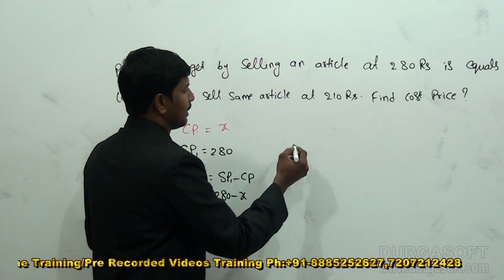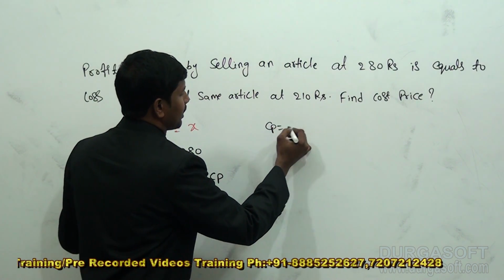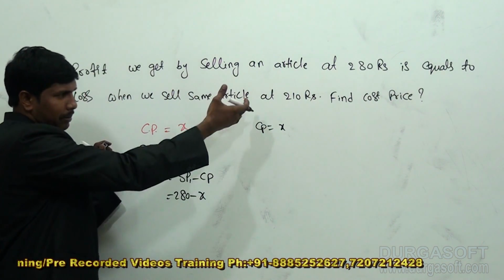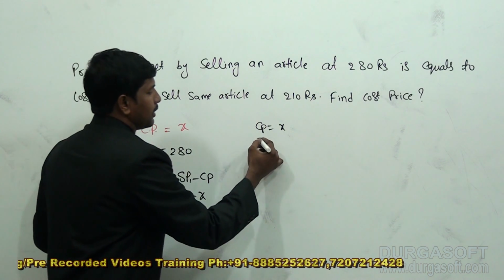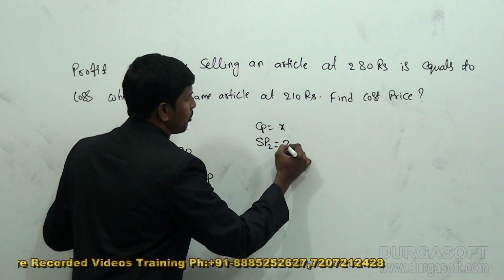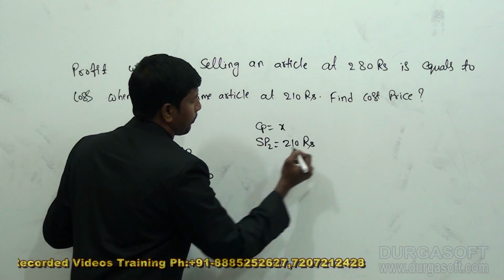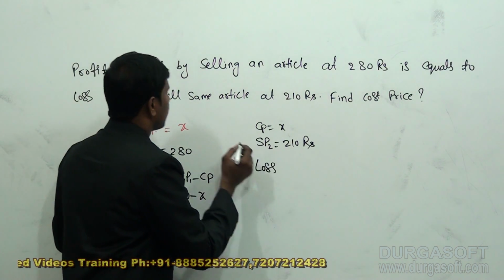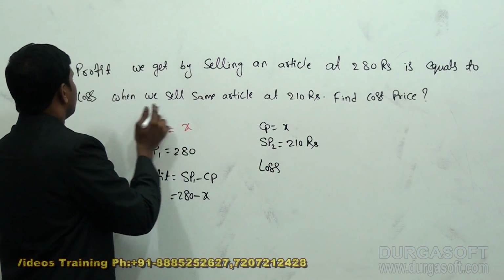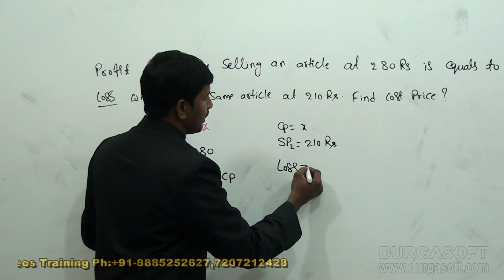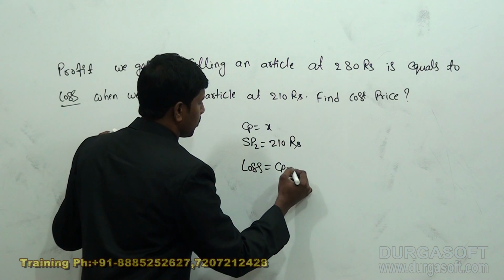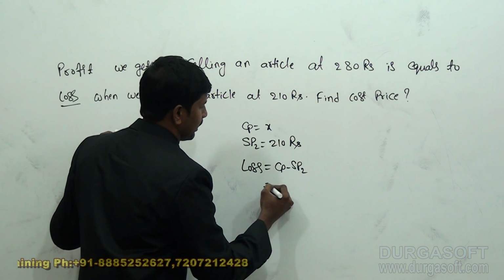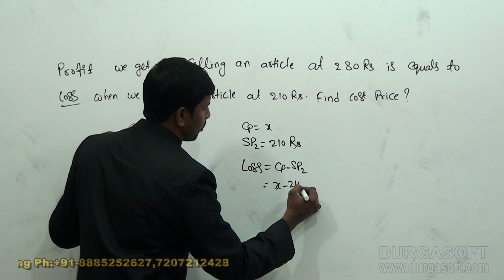In the second case, the cost price, again let us take the same cost price, same article we are selling, but selling price is 210 rupees, and from this we got loss. So the loss in this case is equal to cost price minus selling price, so X minus 210 rupees.